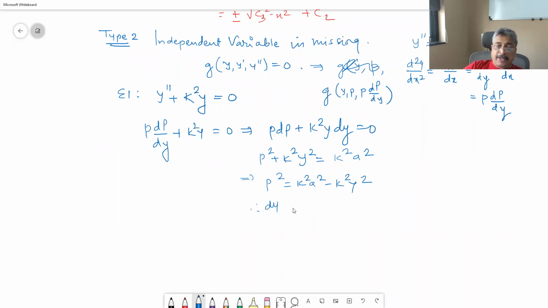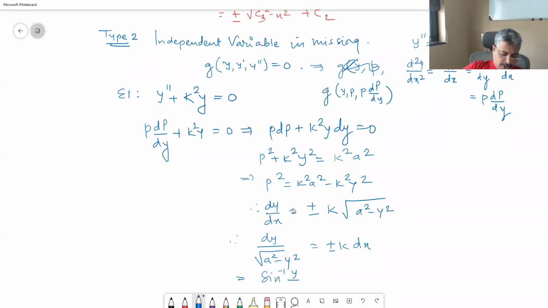So dy by dx is equal to plus or minus k times radical a square minus y square, and therefore variable separable, dy upon radical a square minus y square is equal to plus minus k times dx, integrating you get sine inverse y by a is equal to plus minus kx plus b, right?